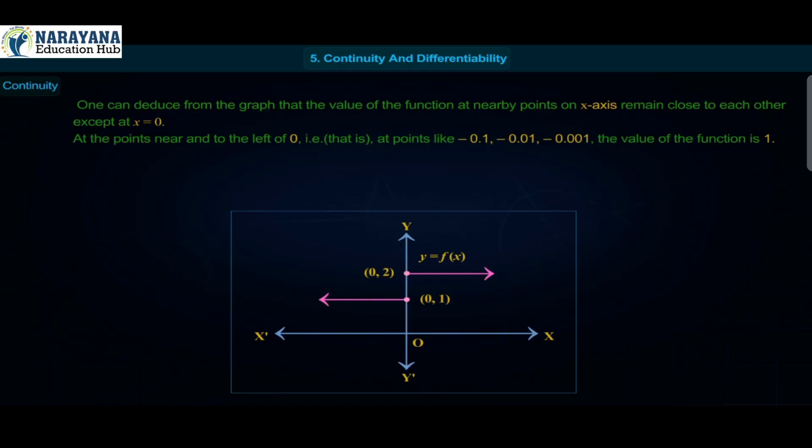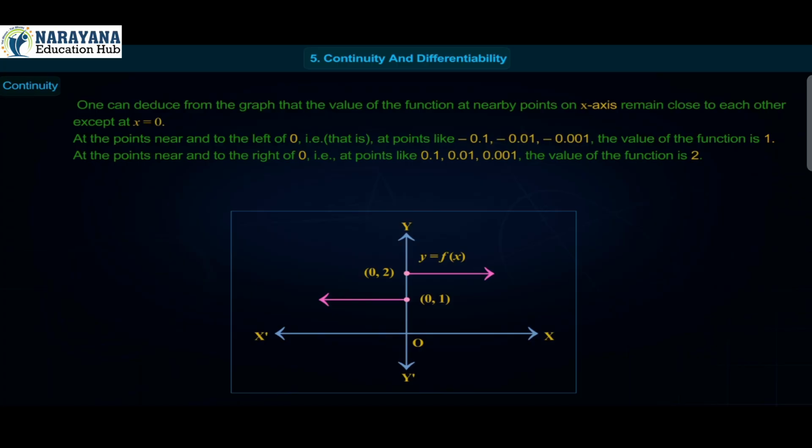At the points near and to the left of 0, that is, at points like minus 0.1, minus 0.01, minus 0.001, the value of the function is 1.